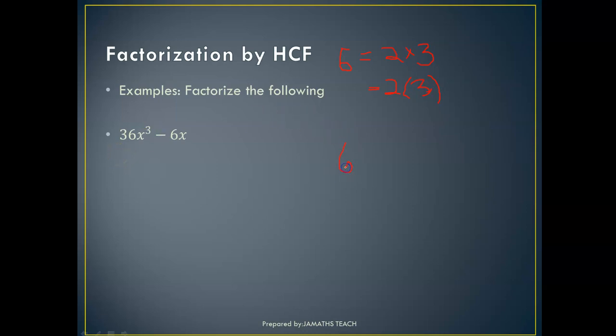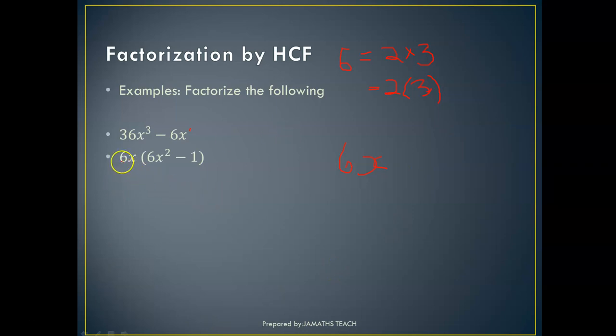And what is the highest common factor for the letters, the variable? We only have one letter and it's common to both, so we'll use x, and we have to use the one with the lowest power. Between x cubed and x to the first, the lowest power is x to the first. So our highest common factor is 6x.